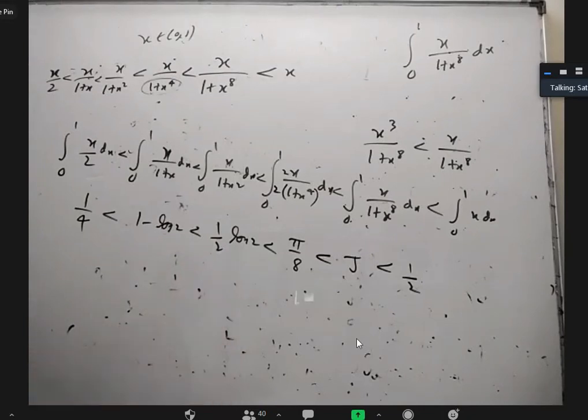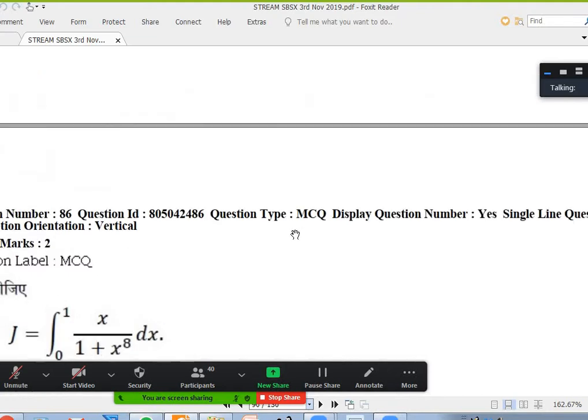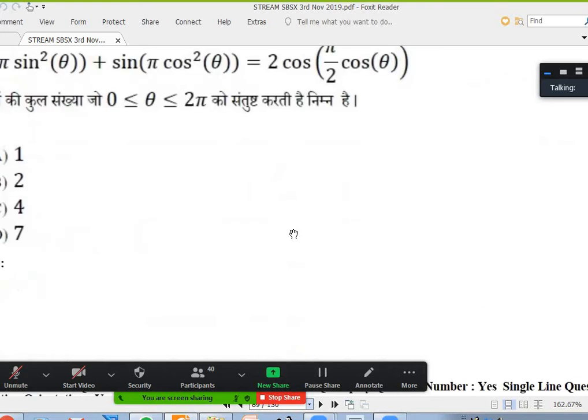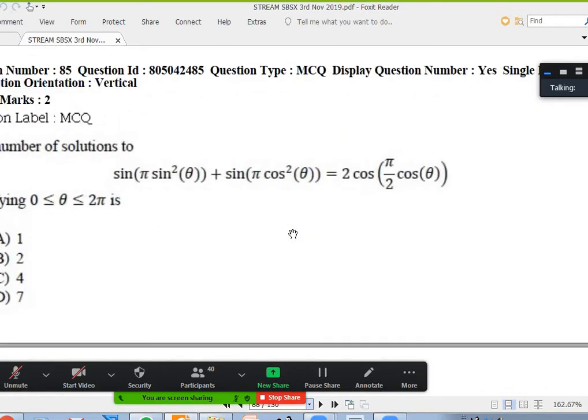Swati, you understood this one? Yes, sir. Okay. I think one of the statements is true and one of them is wrong. Okay, I'm arranging this whole thing.